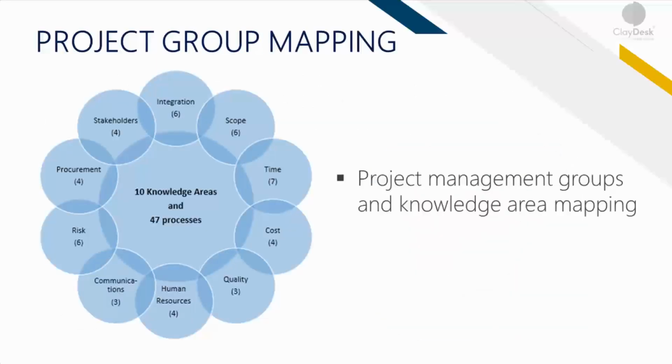So here are the project management process groups, okay, and the respective knowledge area mapping. The knowledge areas, for instance, include the project integration management, project scope management, project schedule management.